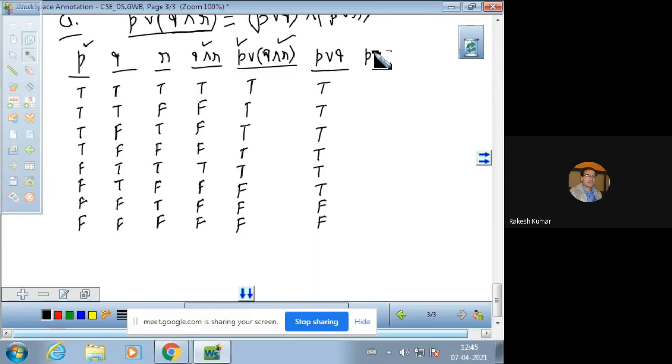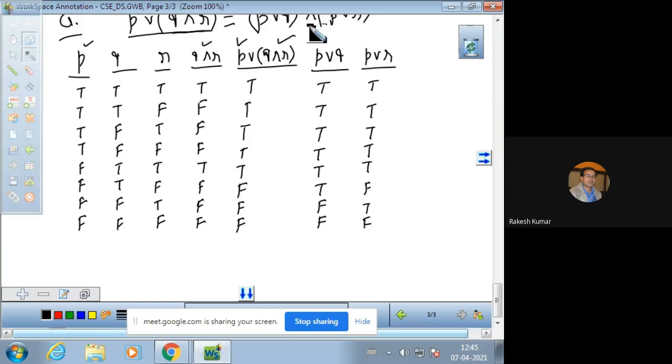Similarly we shall have P disjunction R, and all the values will be true except the sixth one and the last value, because there both are false. So whenever both are false, it will be false.